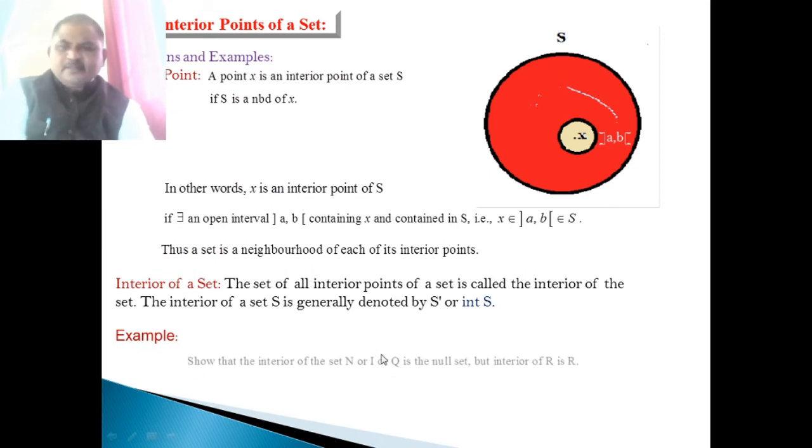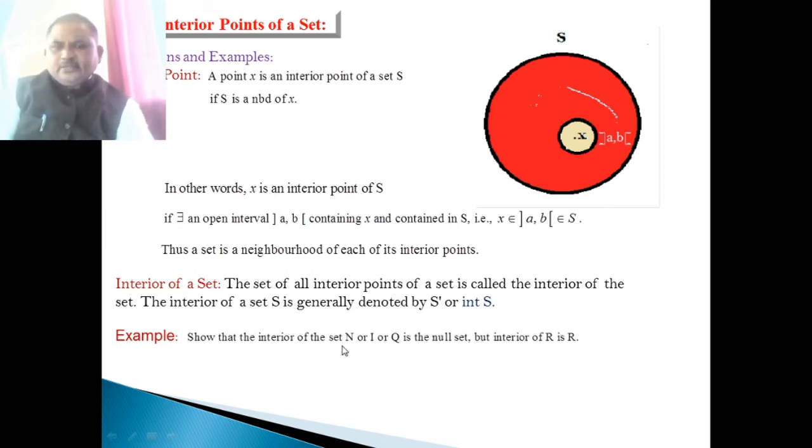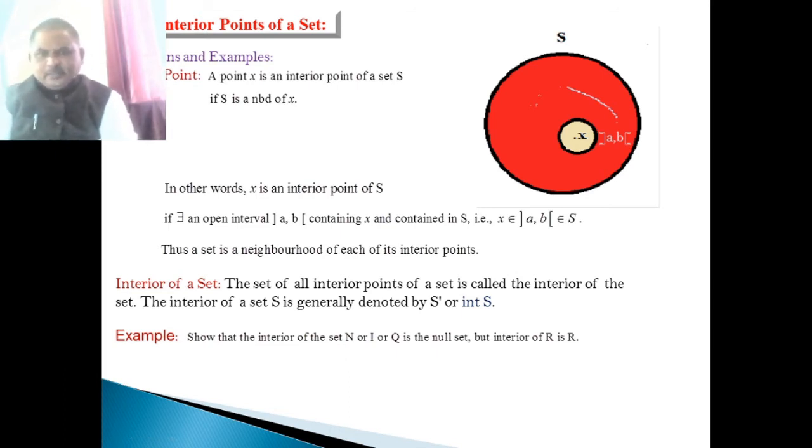For example, the interior of the set N, the natural number set. Is the natural number set the neighborhood of each of its points? No. There is no interior point of the natural number set, because N is not the neighborhood of each of its points. The integer set is also not the neighborhood of each of its points. Also, the rational number set is not the neighborhood of each of its points. That means the interior of the natural number set, integer set or rational number set is the null set, by the definition.